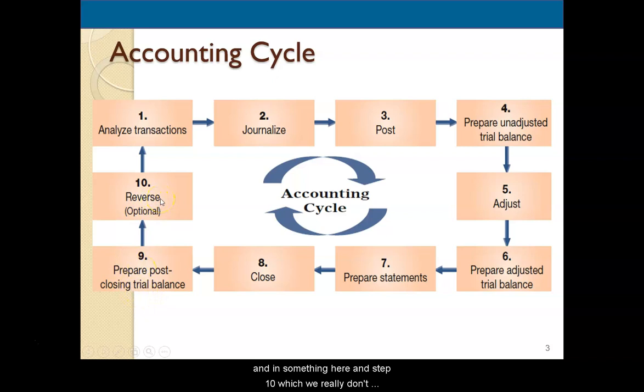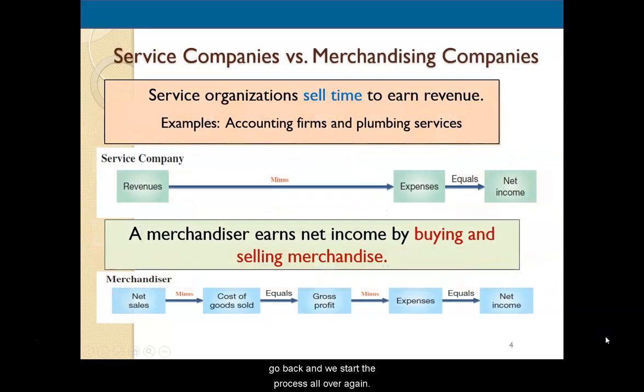And something here in step 10, which we really don't probably spend enough time on in financial accounting, just because there isn't enough time, but it's something that we do cover in the bookkeeping course, Practical Accounting 1, is reversing those entries that often happened at the end of the year. We talk about the adjusting journal entries, which in the next time period, many of them are going to be reversed out. So that's what that relates to. And then we go back and we start the process all over again.